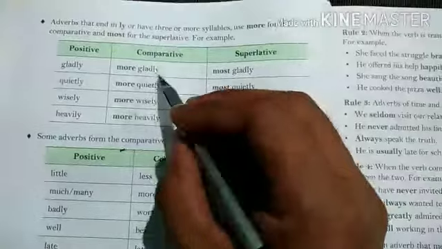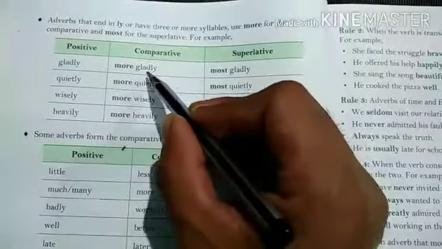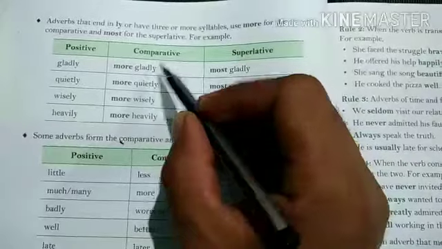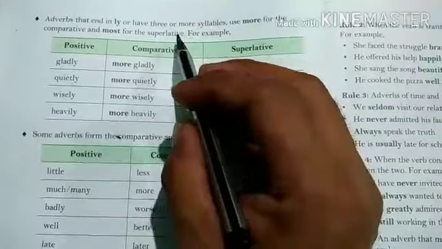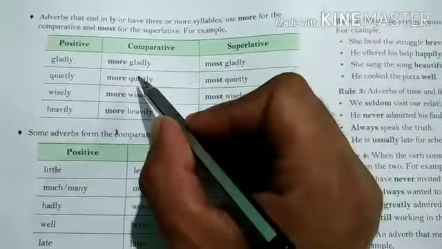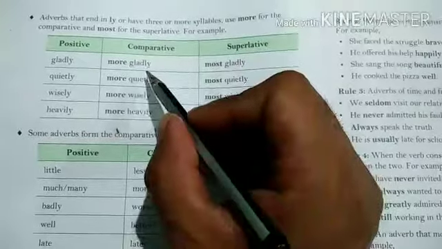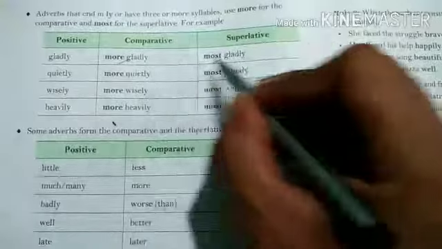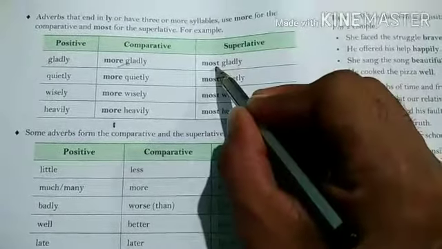So adverbs which have two or more than two syllables, then we have to add more or most in comparative and superlative degrees respectively.